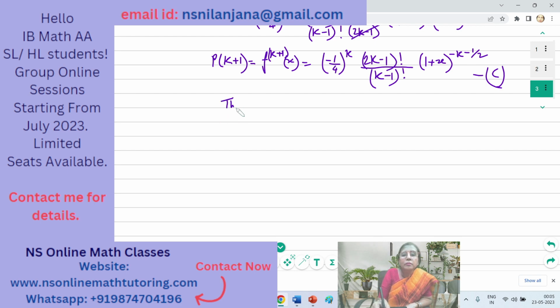The expressions of p of k plus 1 in B and C match.